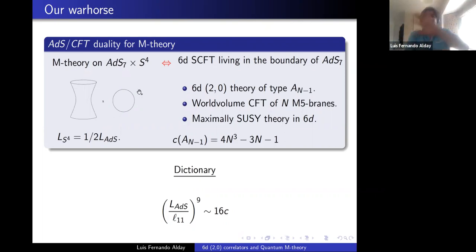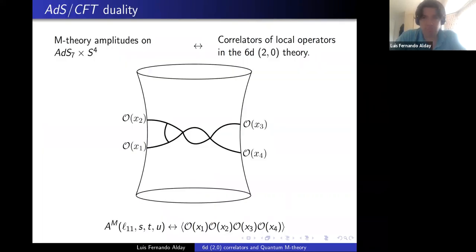So we have this duality, and the duality has this dictionary. Let's try to fill in the entries of this dictionary a bit more precisely. The AdS/CFT duality also gives us a way to define M-theory amplitudes on AdS7 cross S4. AdS7 is like a box, so it's not so clear how to define amplitudes.